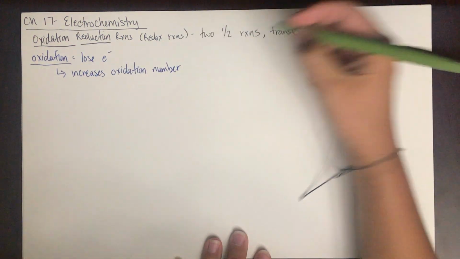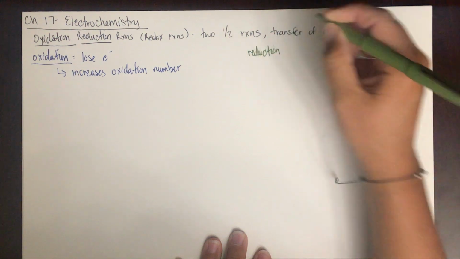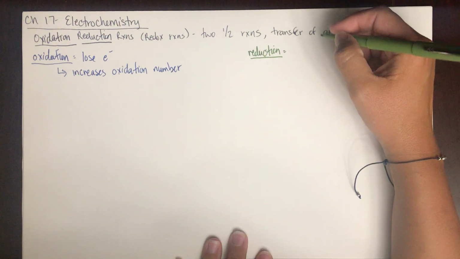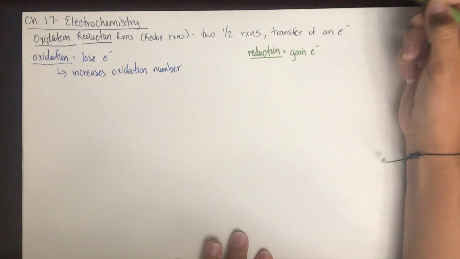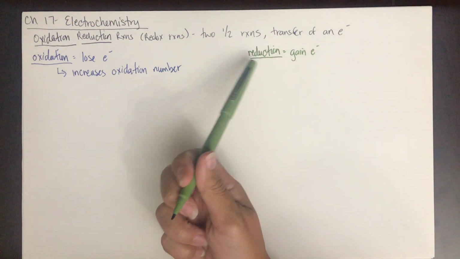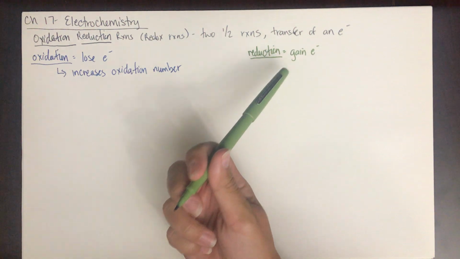The other part of the half reaction is the reduction half reaction. And a reduction reaction is where you gain an electron. So this is a little bit counterintuitive because you would think if you're reducing something, you would be losing that thing, but that thing that we're losing here are electrons.